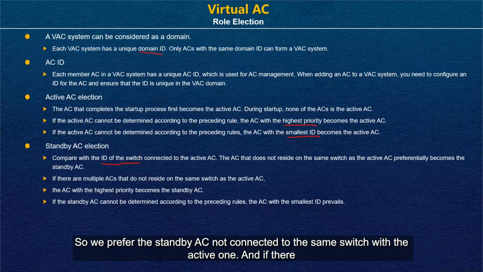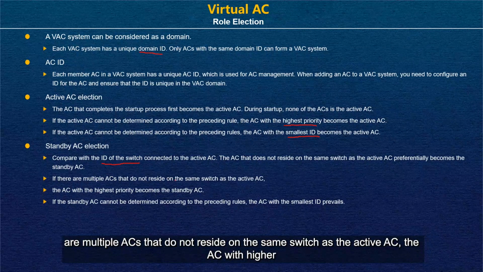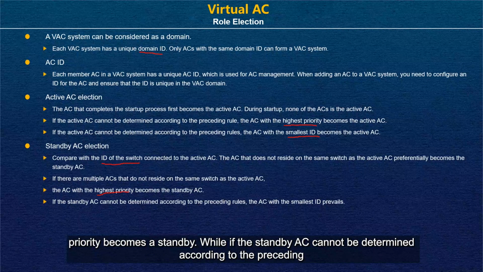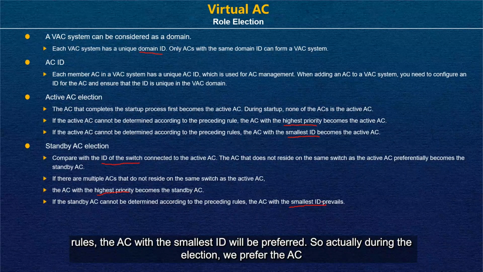So we prefer the standby AC not connected to the same switch as the active one. And if there are multiple ACs that do not reside on the same switch as the active AC, the AC with the highest priority becomes the standby. If the standby AC cannot be determined according to the preceding rules, the AC with the smallest ID will be preferred.